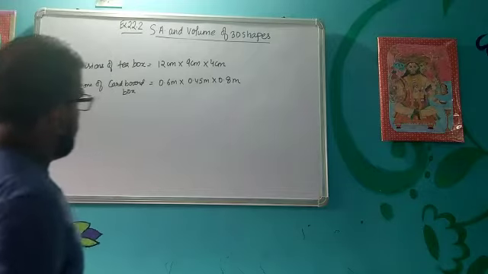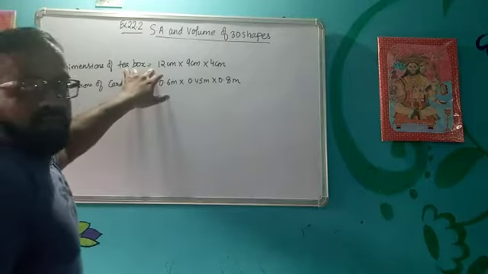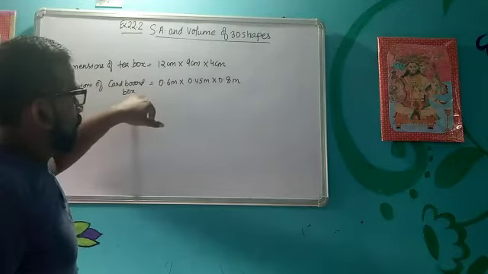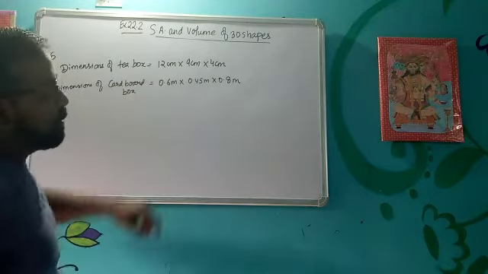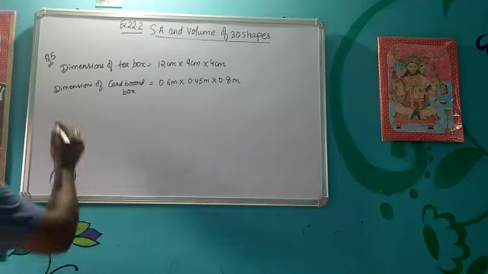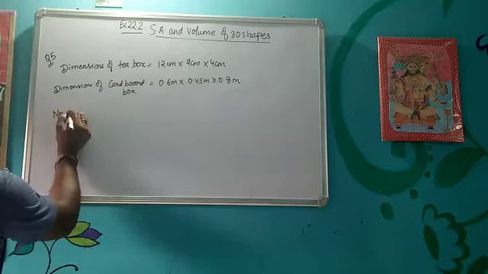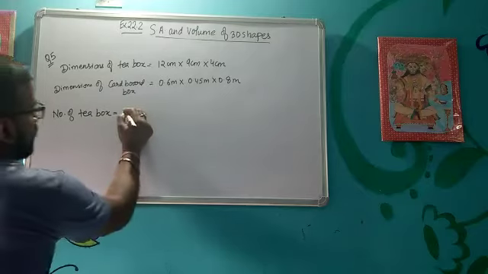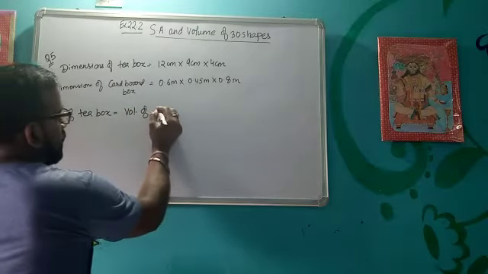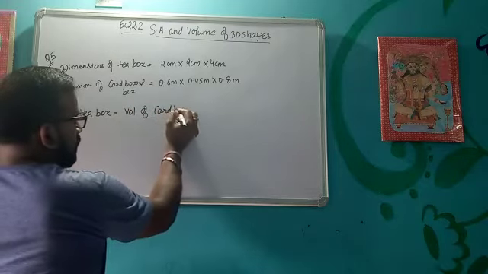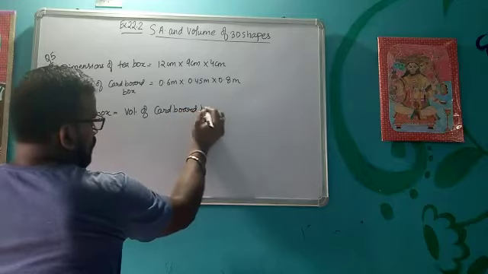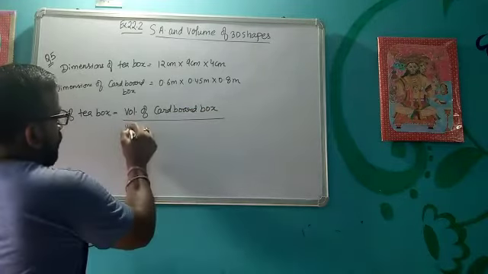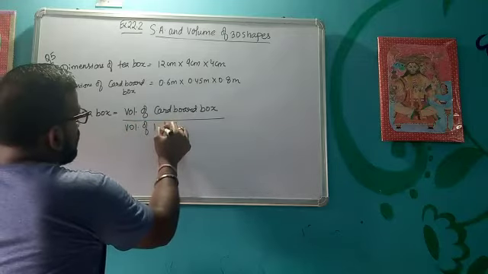So how do we calculate? See, this is the one box and this is a big box. So we have to calculate how many boxes can be accommodated in this big box. So what we are going to do, we will calculate the number of tea boxes, which will be the volume of the cardboard box, this is the big volume, divided by the volume of one tea box.